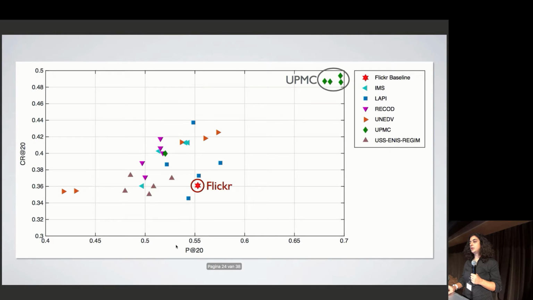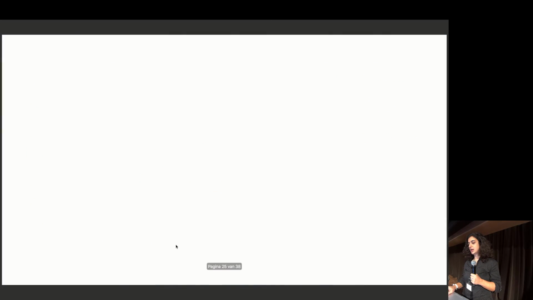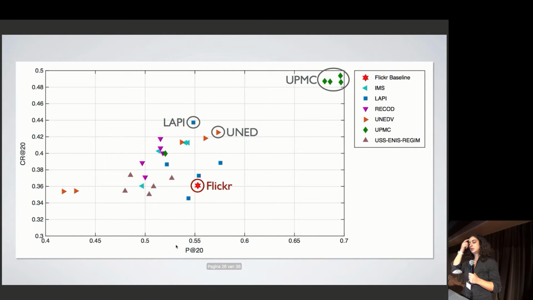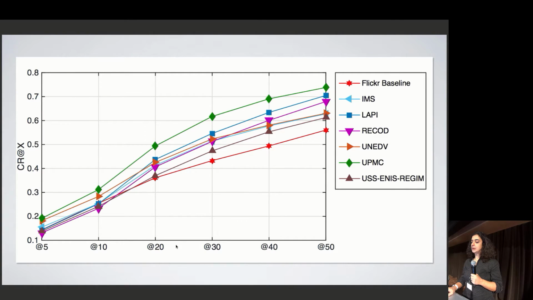What we see up there is this top 1 team, a really impressive distance to all the others, and the second and the third one quite similar to each other.